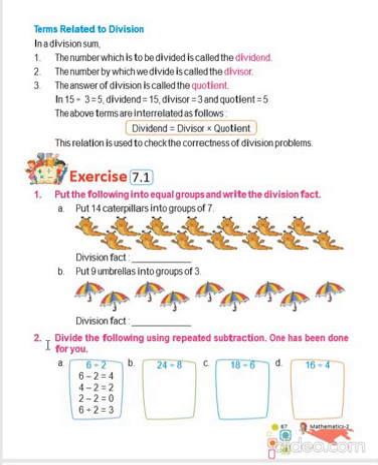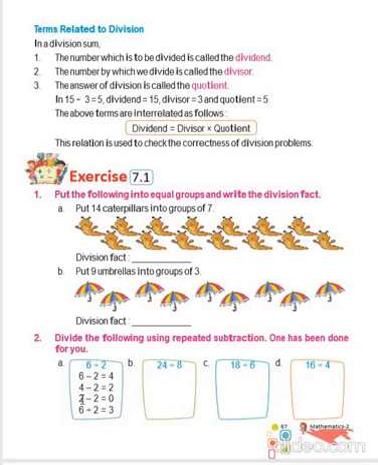Now come to second. We have to divide the following using repeated subtraction, like 6 divided by 2. First we will subtract 2 from 6. 6 minus 2 is equal to 4. Then from this answer we again have to subtract 2. We get 2.